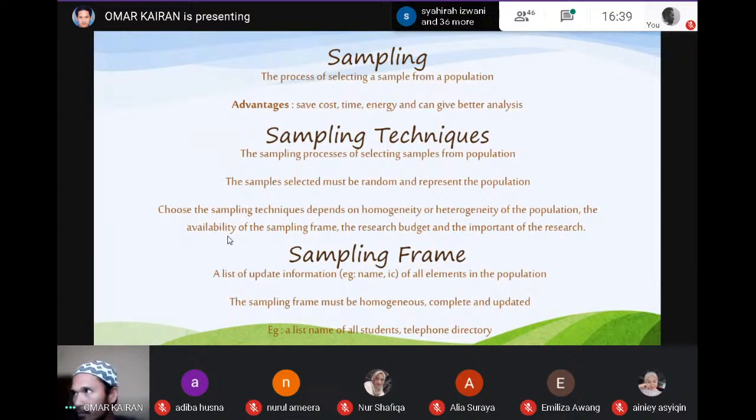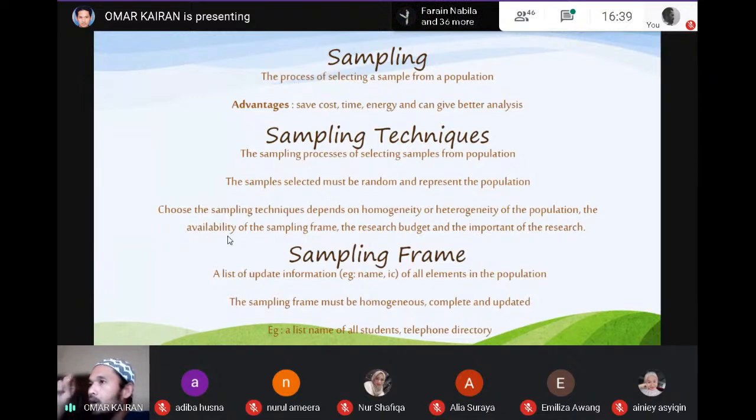Okay, and also the availability of the sampling frame. Sampling frame is a list of the populations. Okay, is it available or not? In our populations, is it possible to get the sampling frame, ada list?